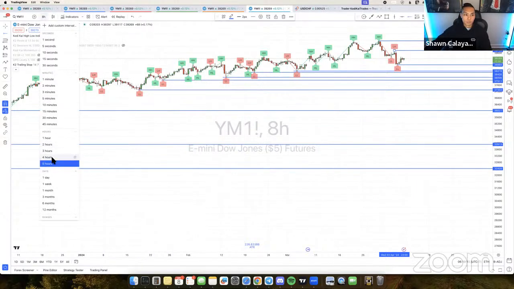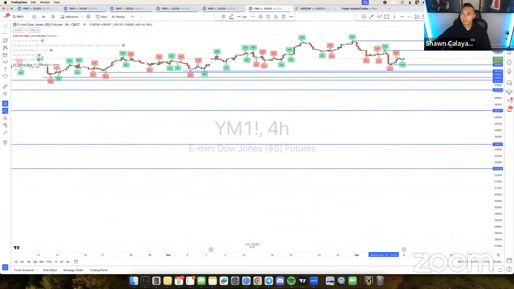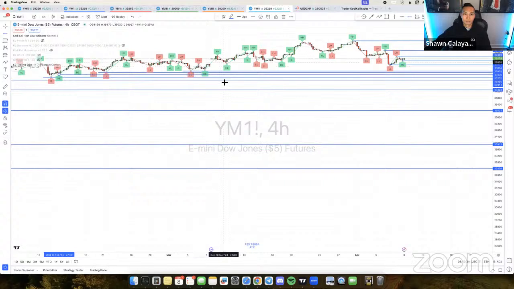Going down to the 4-hour. Going down to the 2-hour.